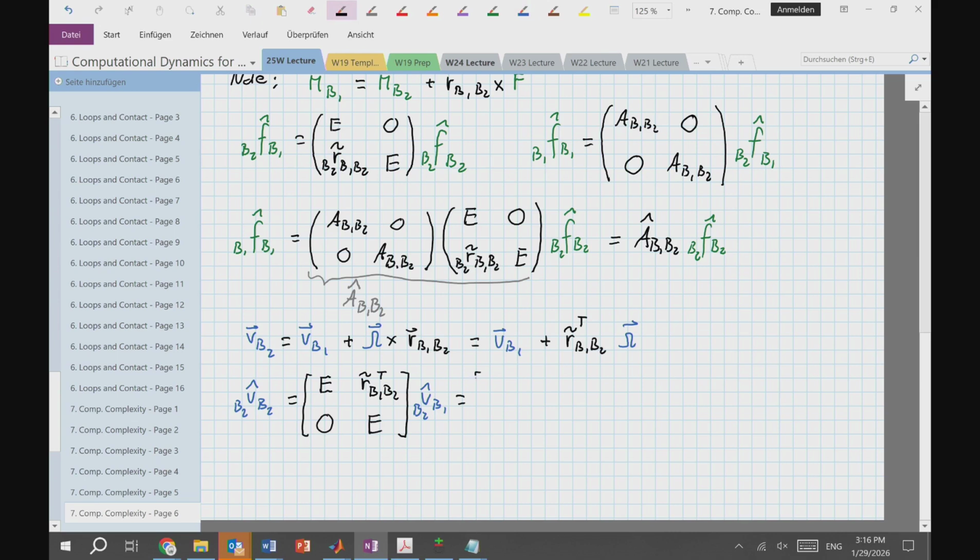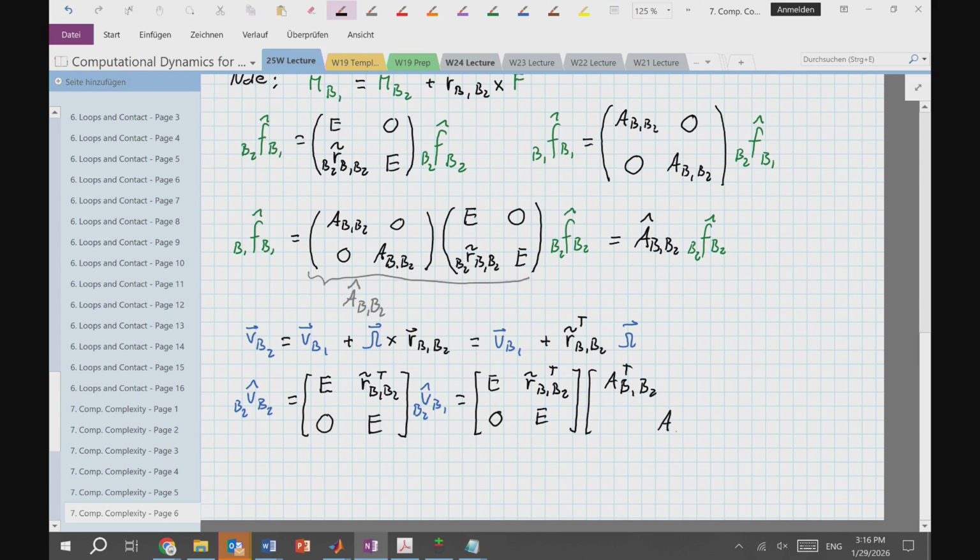And I can now also do the coordinate transformation. So I just copy this matrix and do the coordinate transformation. And I'll write this as AB1, B2 transposed.